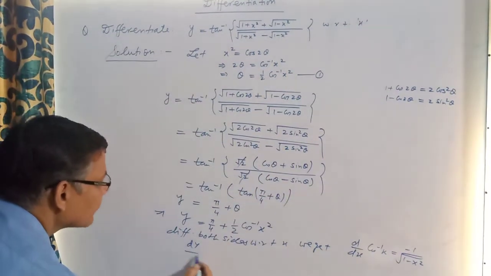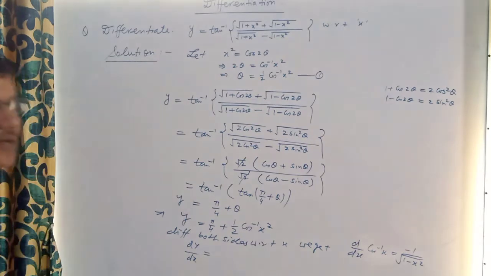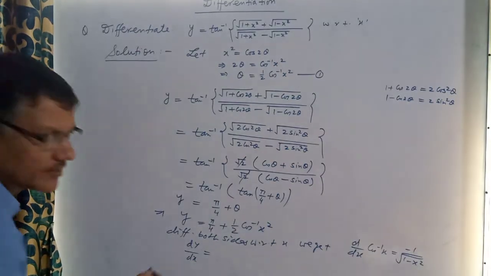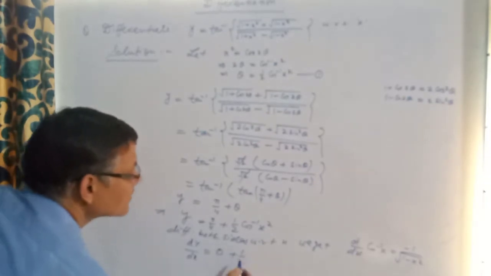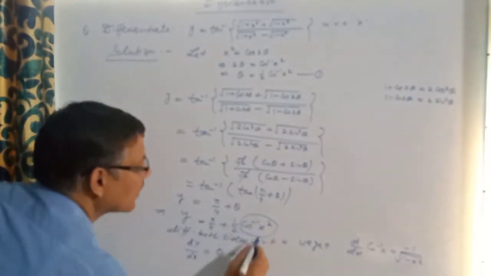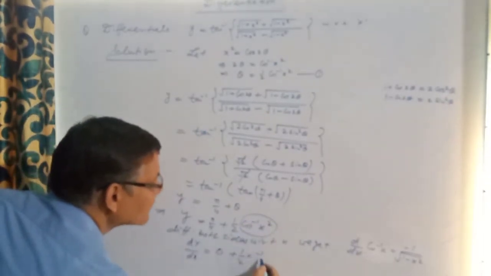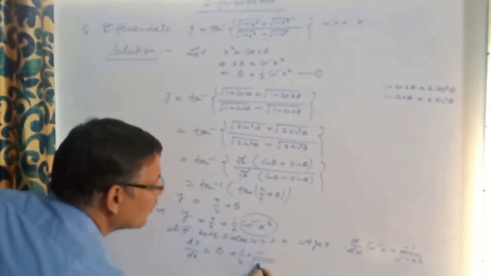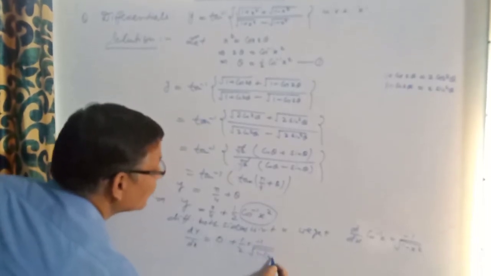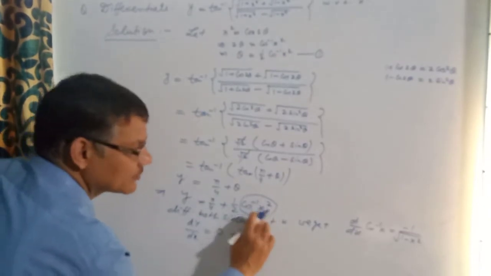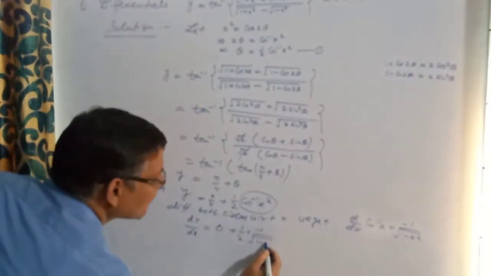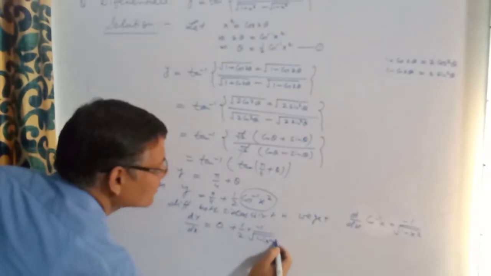So dy by dx is equal to, since pi by 4 is constant, it becomes 0, then plus 1 by 2 as it is. Now when we use the formula, it becomes minus 1 by root over 1 minus x square whole square, since there is again x square.